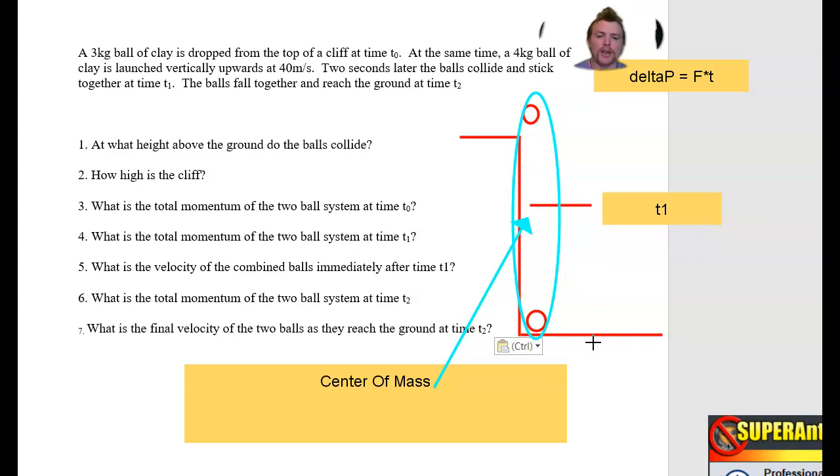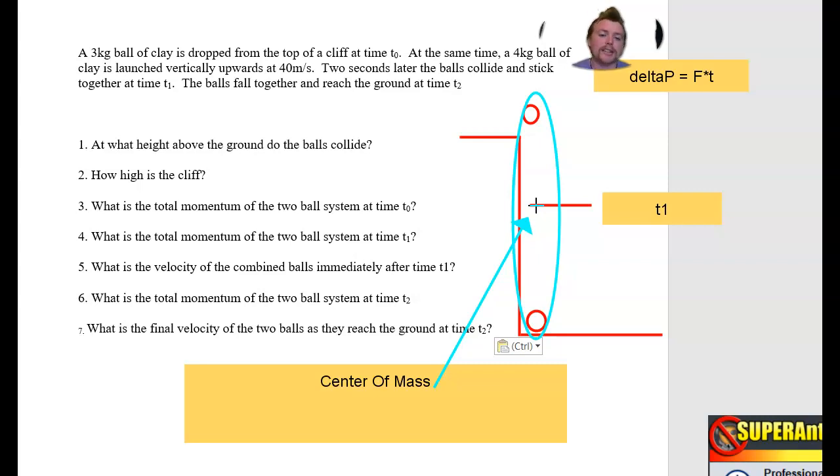And so sometimes things can be complicated for individual objects. Like if we actually think about what's going to happen here, these balls are going to collide. And actually, at the point that they collide, if you think about it real quick, you have 2 seconds, right? So round it off to 10 meters per second squared.